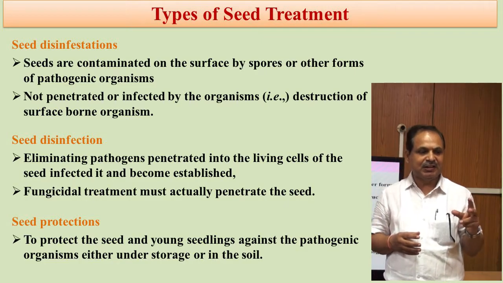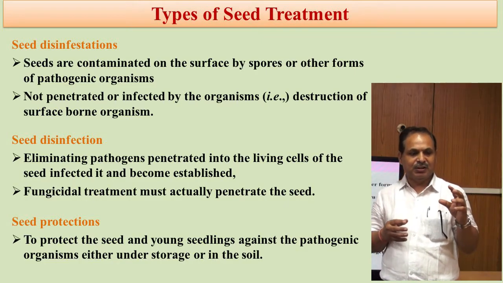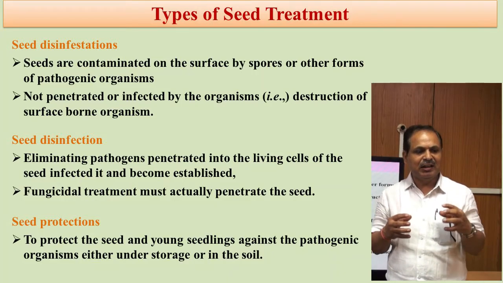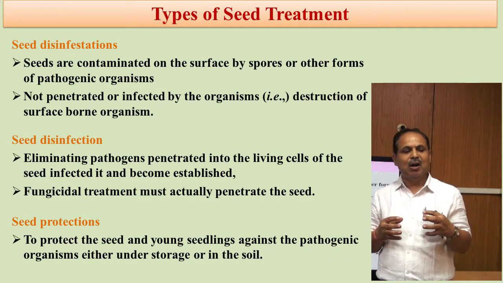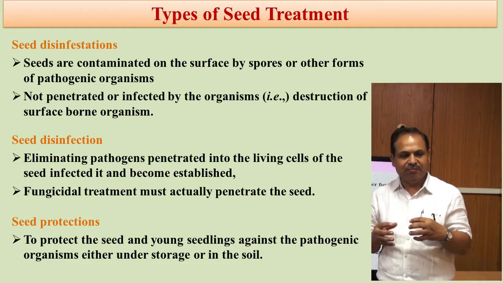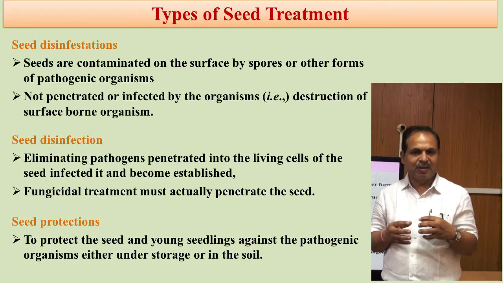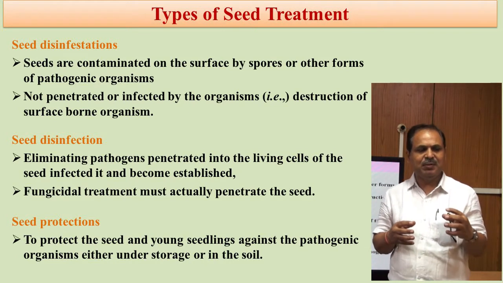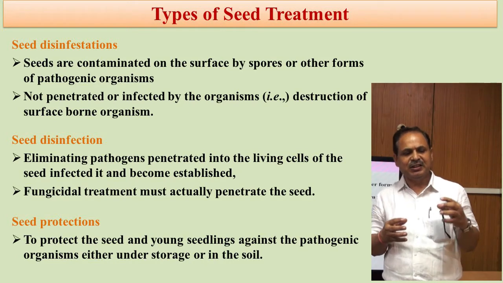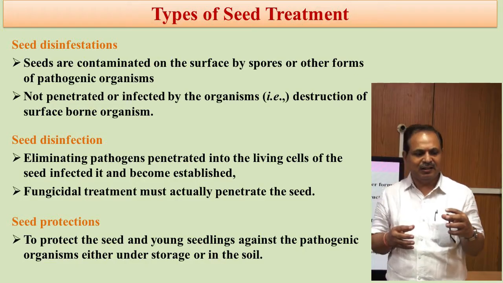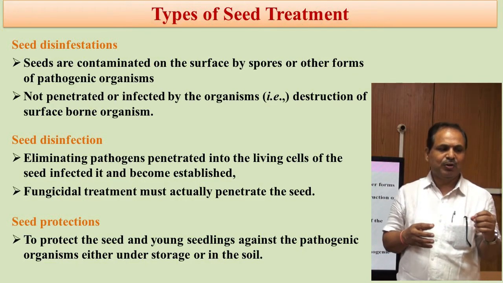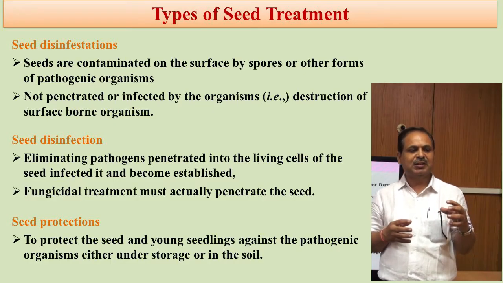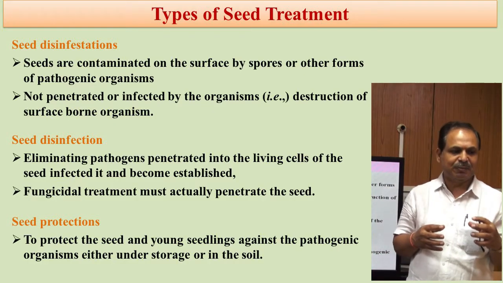Seed disinfestation is the action in which seeds are contaminated on the surface by spores of different pathogenic organisms, and in this case the organism has not infected the seeds inside the living cells. So destruction of surface-borne organisms takes place in this mode of action.